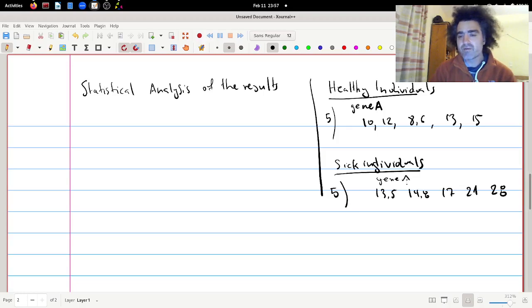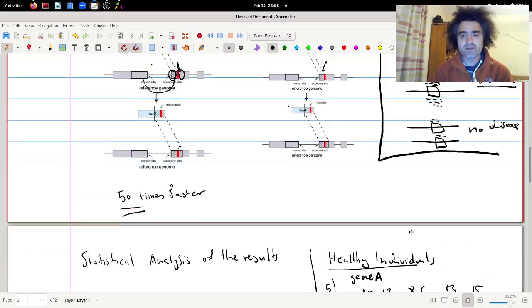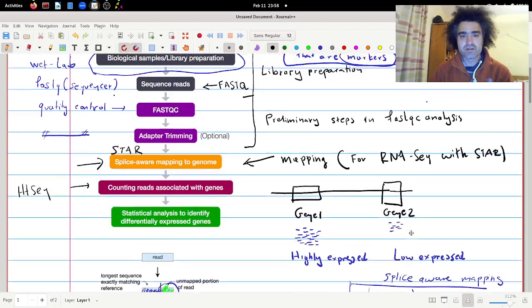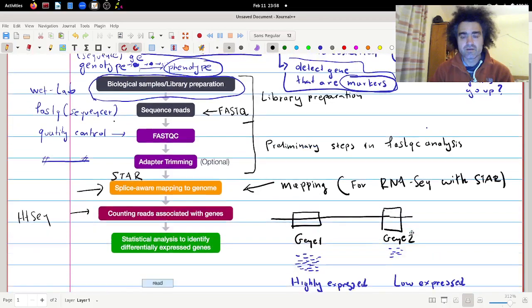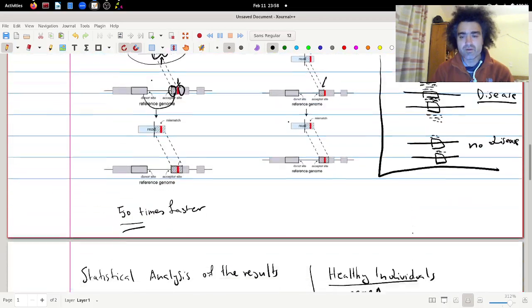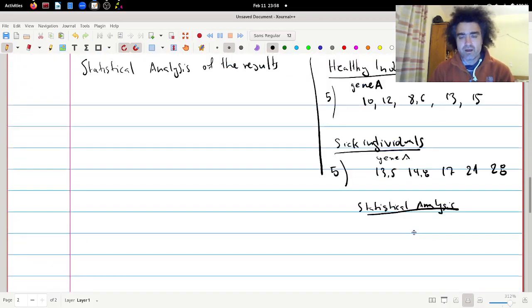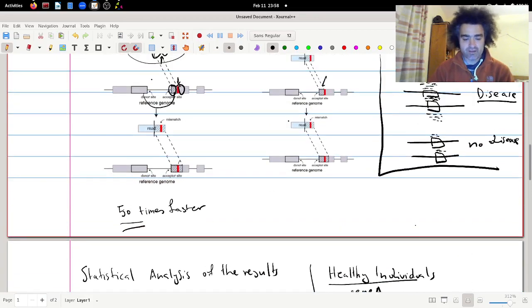To answer this question, we must perform a statistical analysis, and we'll show that in the class later on how to do it. Okay, so this is the theory of RNA-Seq, and we will see also in the practical how to perform such an analysis. Thank you very much.